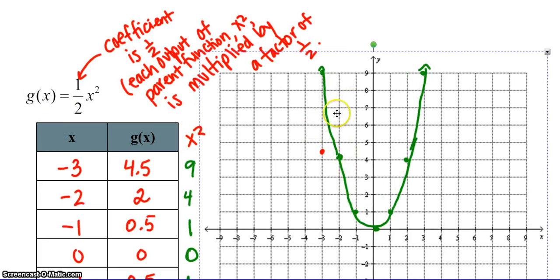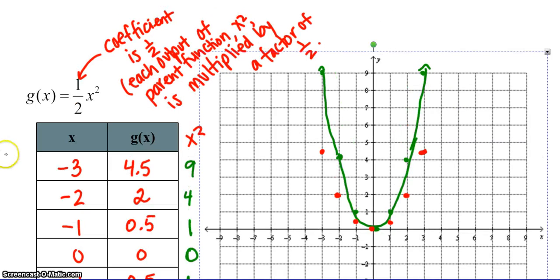Now this time the parent function again is green, but that first point is on the outside. Let's see what happens with the next few points. -2, 2, again it's on the outside. -1, 1/2, 0, 0, 1, 1/2, 2, 2, 3, 4.5.